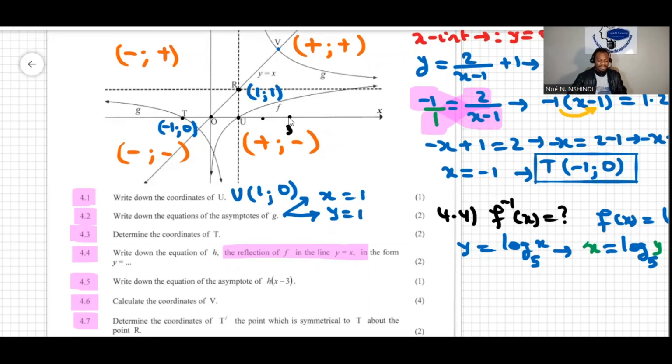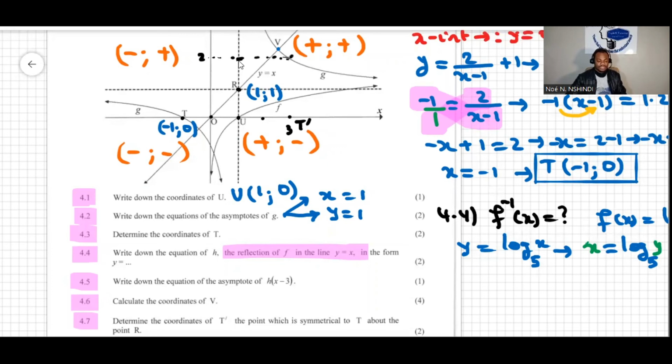Now that's the x coordinate of t prime. From t to r in the vertical, if you look there, you just count 1 unit, just one. So we need to count another 1 unit from r above. So if 1 is there, another 1 will be there. So this means 1, 2. So this is the y coordinate of the point t prime.